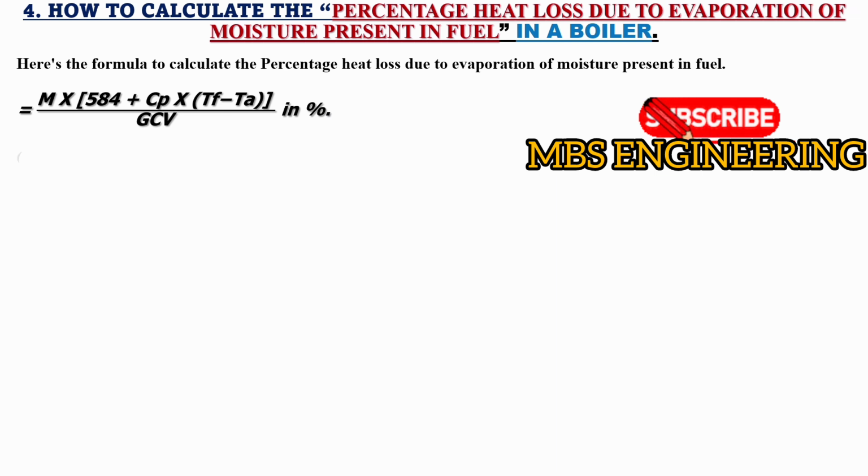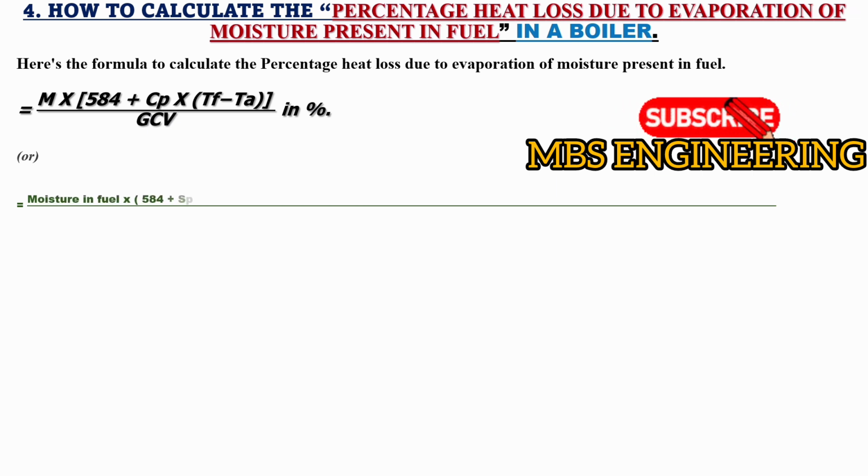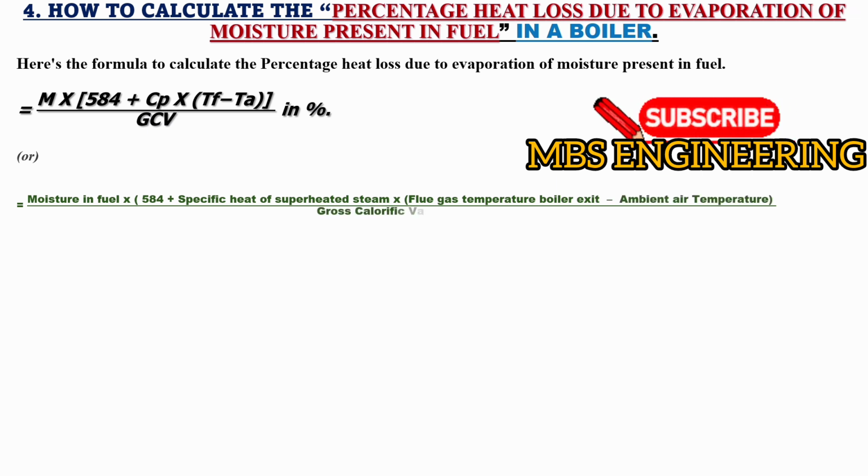That is, moisture in fuel multiplied by 584 plus the specific heat of superheated steam, multiplied by flue gas temperature at boiler exit minus ambient temperature, and then divided by the gross calorific value of the fuel, where 584 is the latent heat of steam.